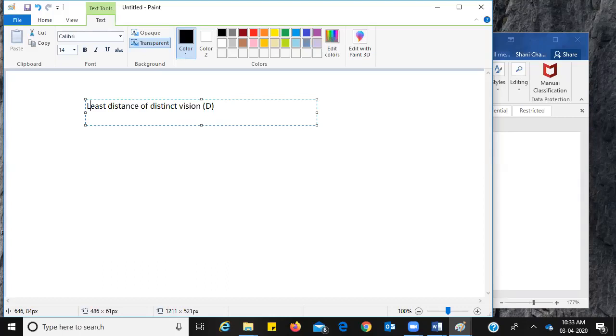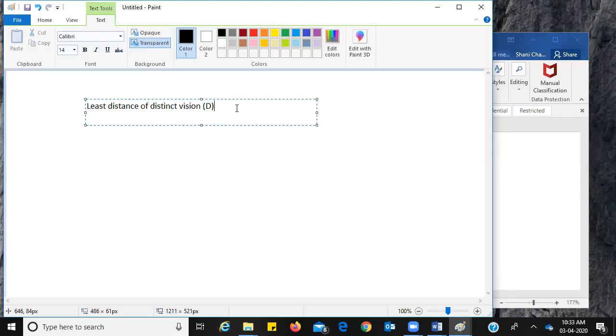Means if you start bringing an object from far away, the eye is able to focus the image on the retina till a certain distance. 25 centimeters. Yes, less than that, the eye is not able to converge a clear image on the retina.